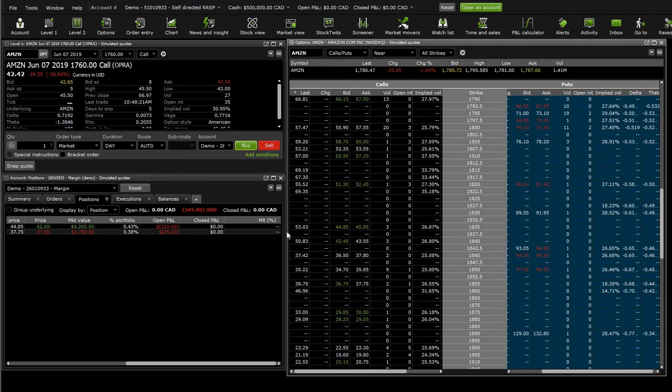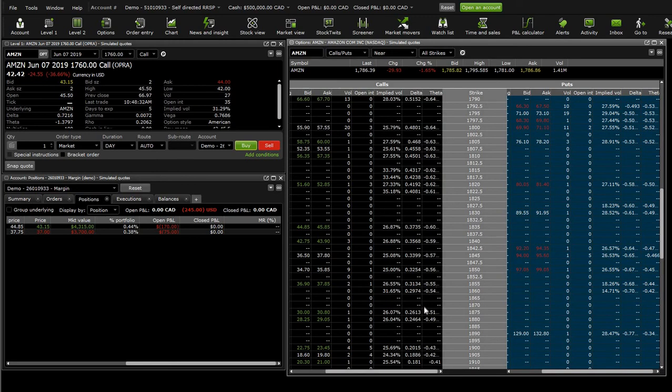So for an 1850, you're going to be paying $3,000 for one contract, but your theta is a lot lower here than the ones we were just looking at in June, right? It's about a third of the theta, so you're not going to burn down as quickly. And then the delta, when you're out of the money, is a lot lower.